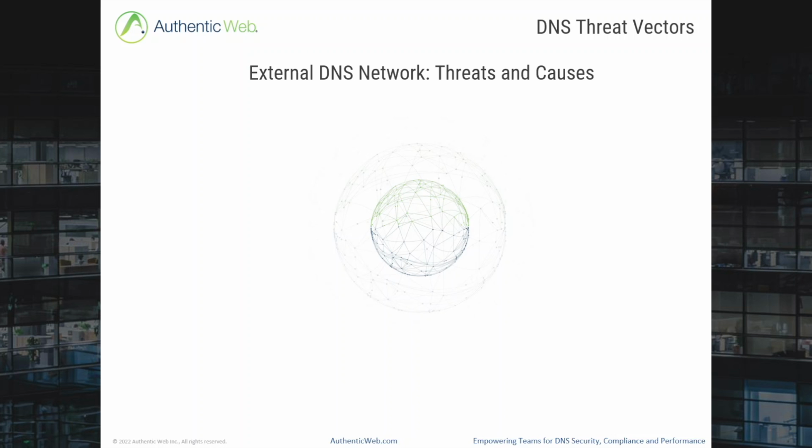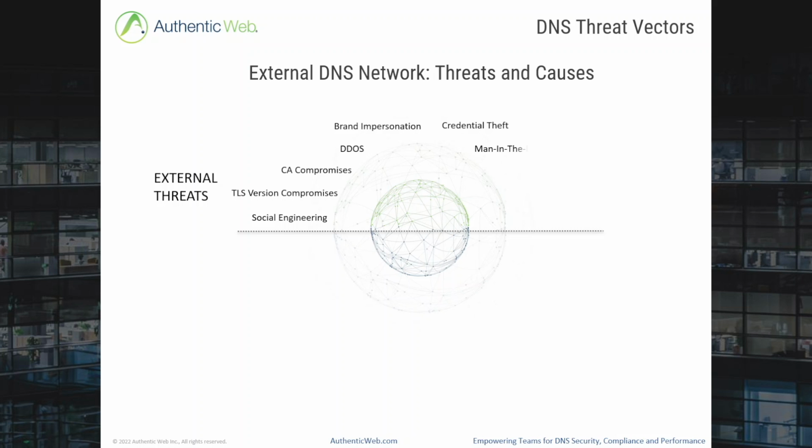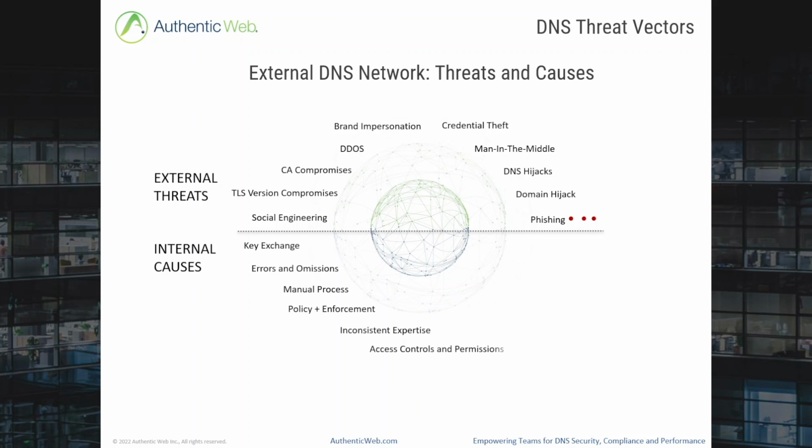I think it's easiest to share this graphic to understand the external threats in relation to the internal causes of why these exposures persist. External threats exist on the internet in various flavors, from DDoS, CA compromises, man-in-the-middle, DNS hijacks, phishing, etc. They persist because of internal causes, including manual processes, ungoverned change, lack of oversight, lack of visibility, among others.